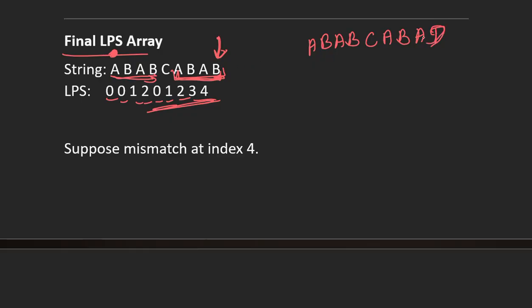So see, this b is not equal to this d. So instead of starting matching from this point, we'll shift by 4 values, that is we'll be starting matching from this point, because see, these a b a are already matched, right? So we want to be matching these first three characters, we'll be starting from this index.